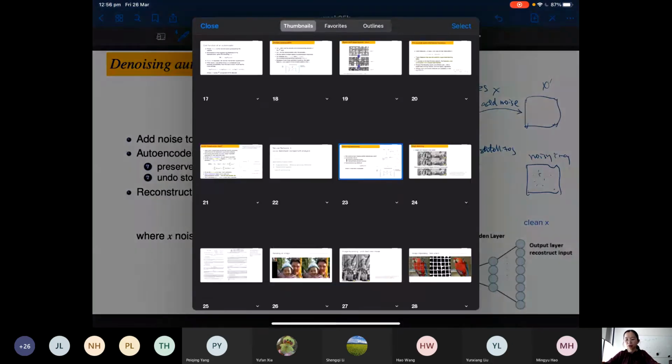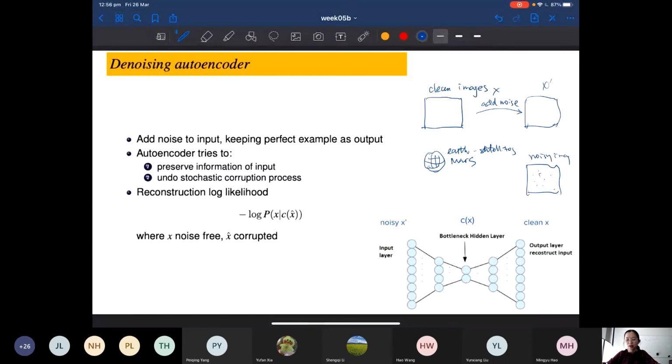Then you can use your synthetic, noise-added image X prime and X pair to train the autoencoder, with the hope that the hidden representation will represent essentially a clean version. So the noise hopefully will be removed after we do f of X prime. We want X to be f of X prime. So that's cool.